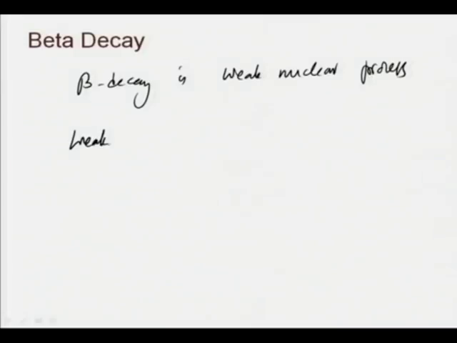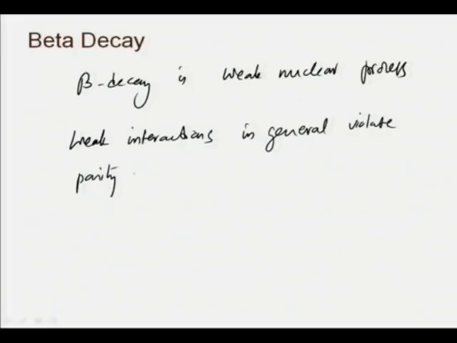Not only that, all of the weak interactions, including beta decay and other different types of weak interactions, violate parity. We will come to more about weak interactions. Let me just write that weak interactions in general violate parity. Parity conservation is not possible under the weak interactions.